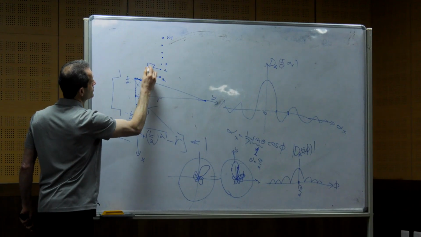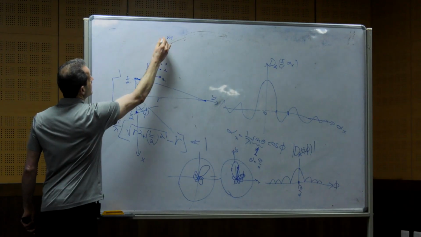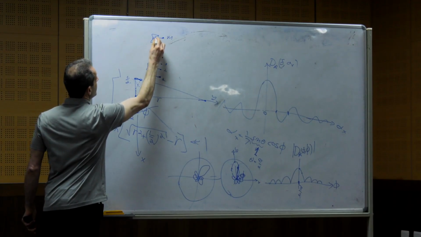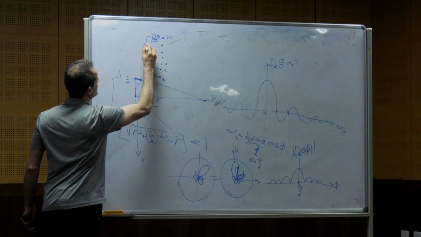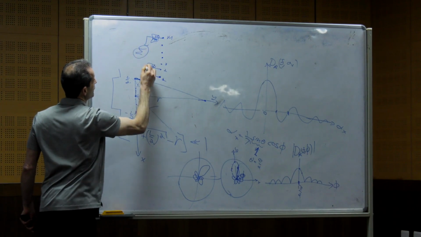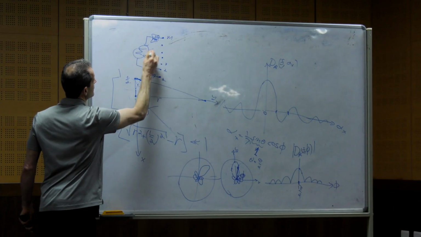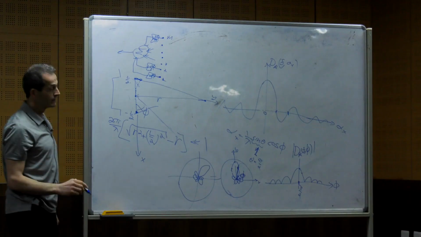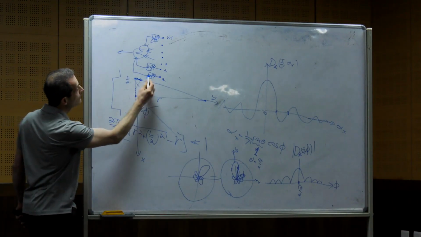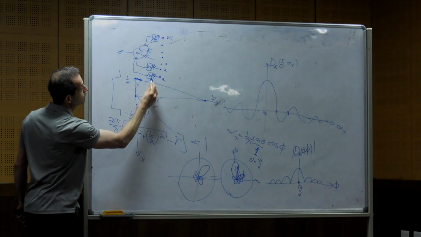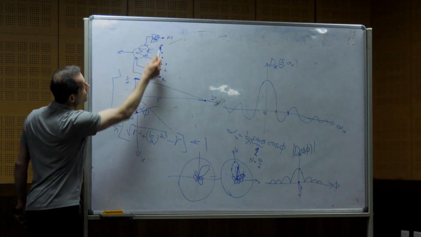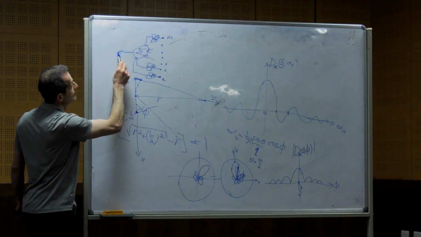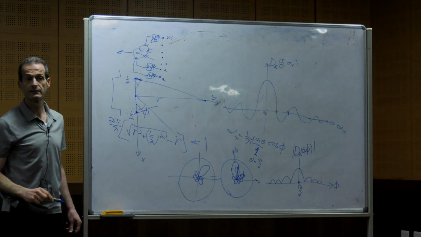Multiply it with W2(f), and so on until WM(f), and then I will take the summation of everything. So instead of a continuous aperture, I use a discrete aperture, and using a computer or processing, I add that and get the electrical signal.